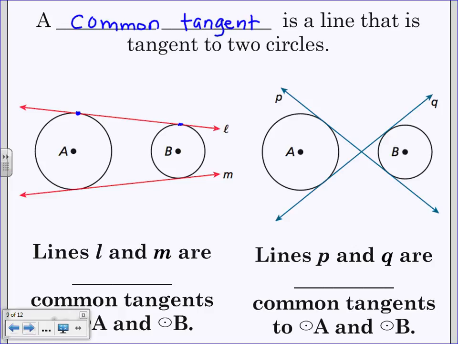If it's something like this, where our tangent lines are drawn outside of our circles, notice that this is along the top, this is along the bottom. This is known as an exterior tangent.